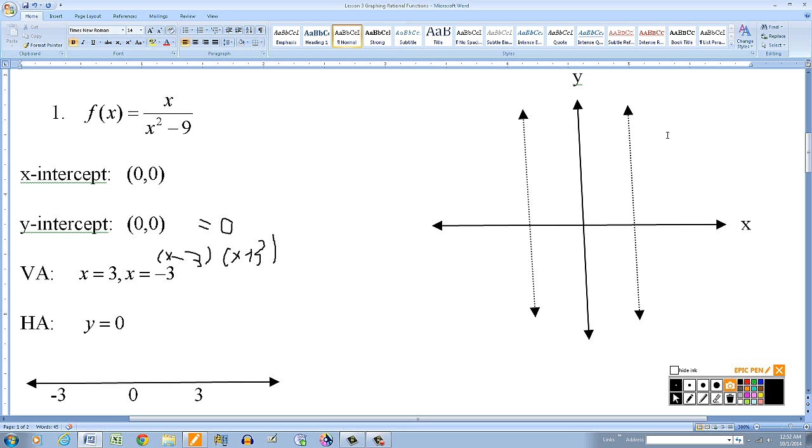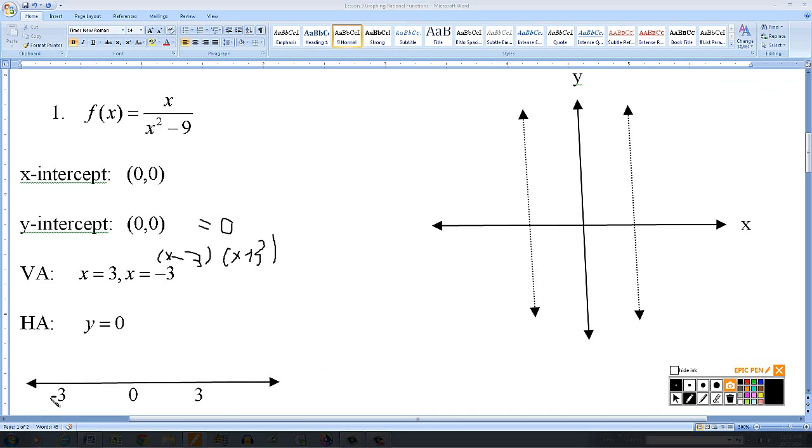In this case, I have the zeros of the numerator and the zeros of the denominator. That's what I'm going to do for the rational function. I find the zeros of the numerator, which in this case is 0, and the zeros of the denominator, the numbers that make it 0, are negative 3 and 3, and there you have it.